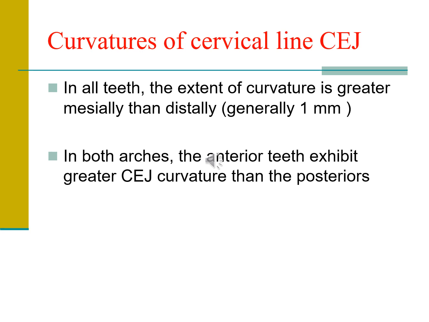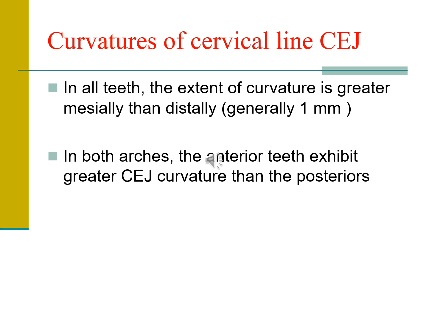If you join the cervical lines of the adjacent teeth, you would observe that on proximal surfaces it is nearly the same level, and in all teeth the extent of the curvature is greater mesially than distally, as you have noted while drawing. In general, the curvature of the cervical line on the distal surface is 1 millimeter less than that of the mesial surface of the tooth.